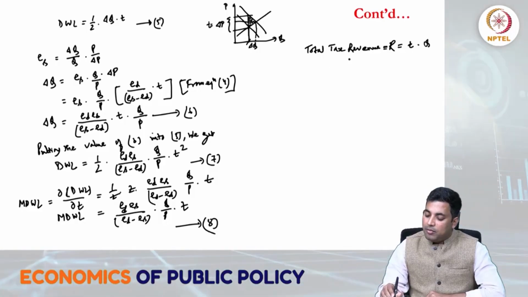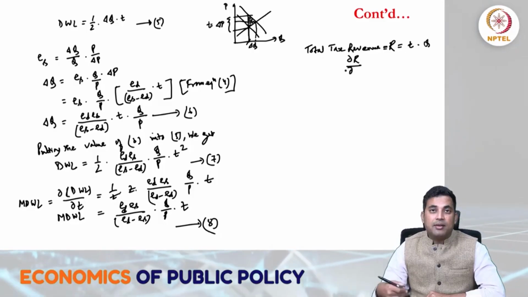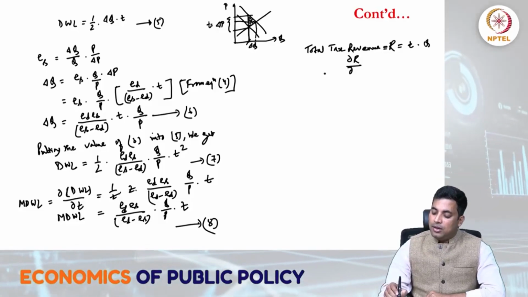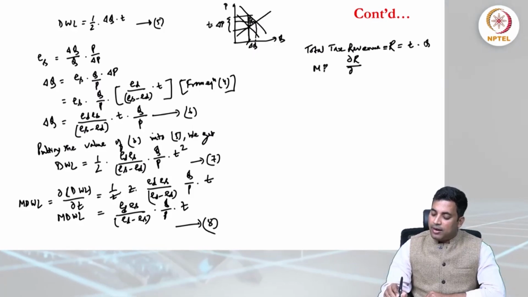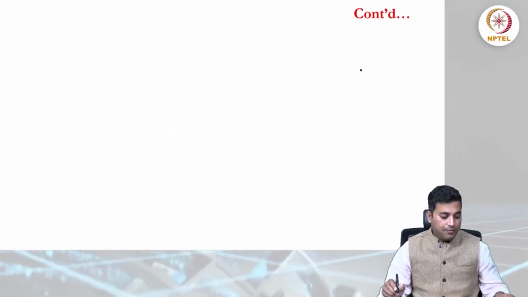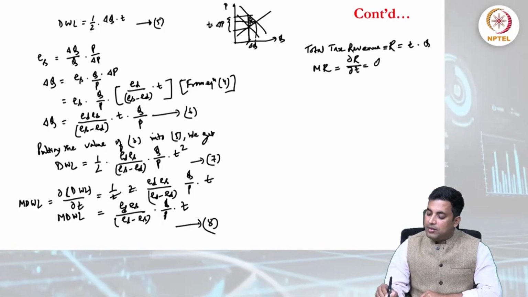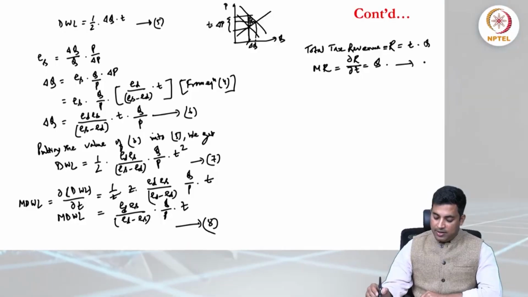Here delta R, because we want to understand the marginal tax revenue, will be equal to T, which is basically equal to Q, the total quantity.